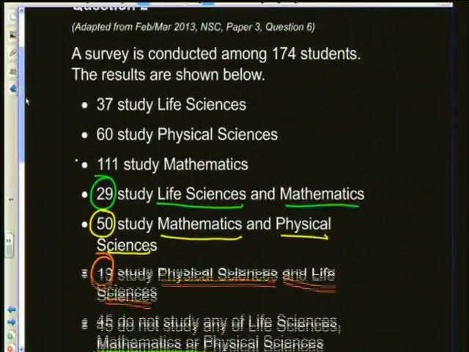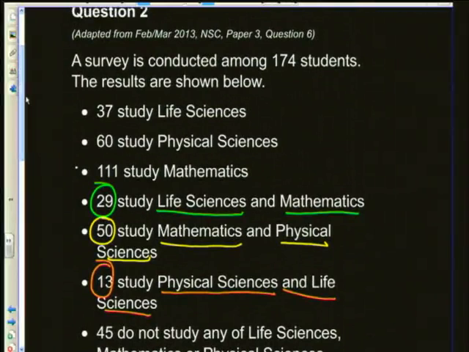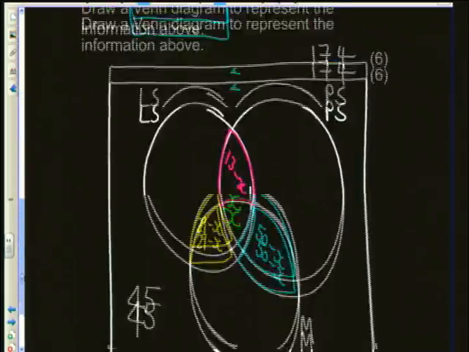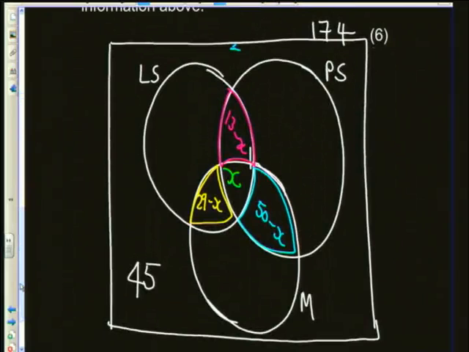Okay, now the beginning information is useful because I've got 37 study life science. What does that mean? That there are 37 in the life science circle. That plus that plus that are already in there.